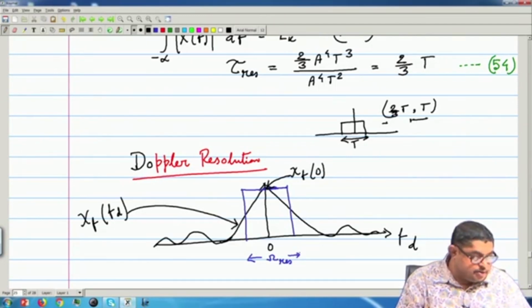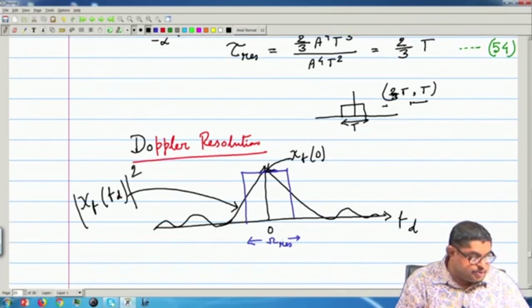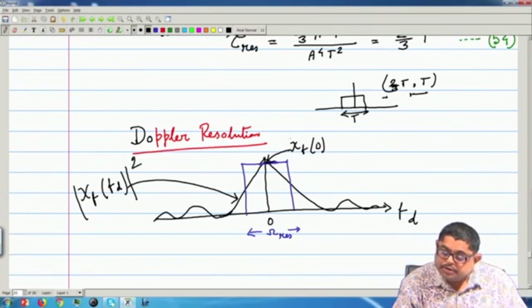So, again this is the square of the function at FD, sorry, this is the square. So, this is the function at 0 squared.